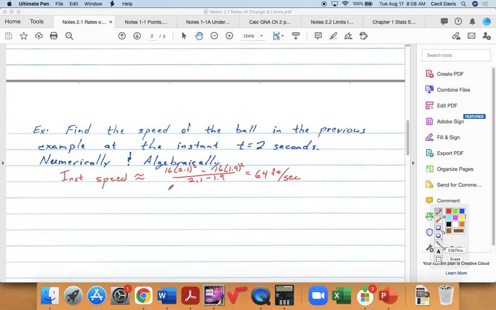What if I did 16 times 2.01 squared minus 16 times 1.99 squared, over 2.01 minus 1.99? Everybody try that on your calculator.